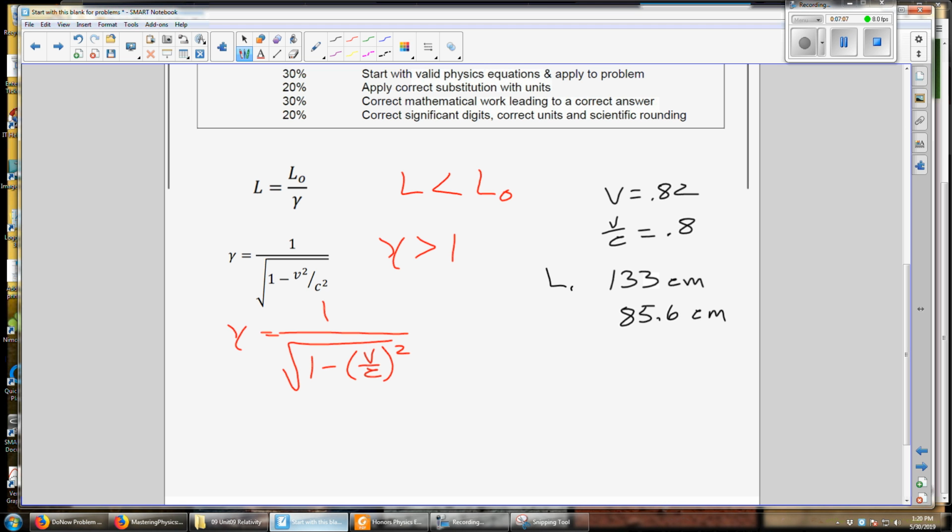L naught must be this one, and L must be this one, because 133 is bigger than 85.6. And then just solve for v over c. Alright, let me give it a try, you give it a try, and if you need help, let me know.